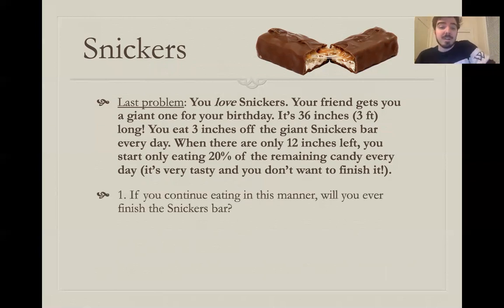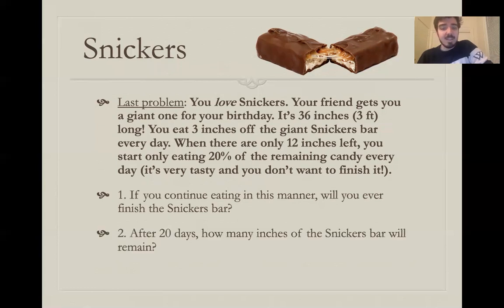Two questions for you. If you continue eating in this manner, will you ever finish the Snickers bar? And after 20 days, how many inches of the Snickers bar will remain? Take a second, answer those on the form. This will be the last couple of questions here.